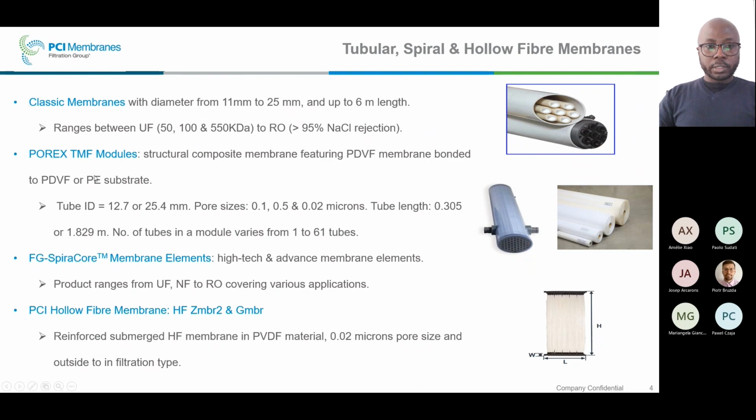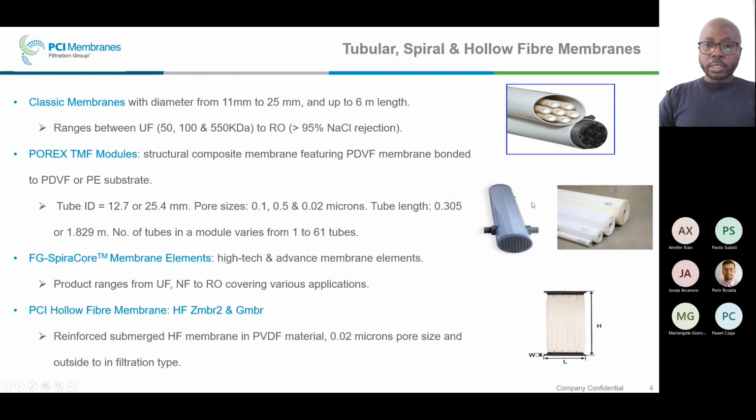With regards to the porous TMF modules, the tube diameter options are 12.7 or 25.4 millimeter. We have a number of pore sizes in terms of the molecular weight cutoff around the 0.1 to 0.02 microns.